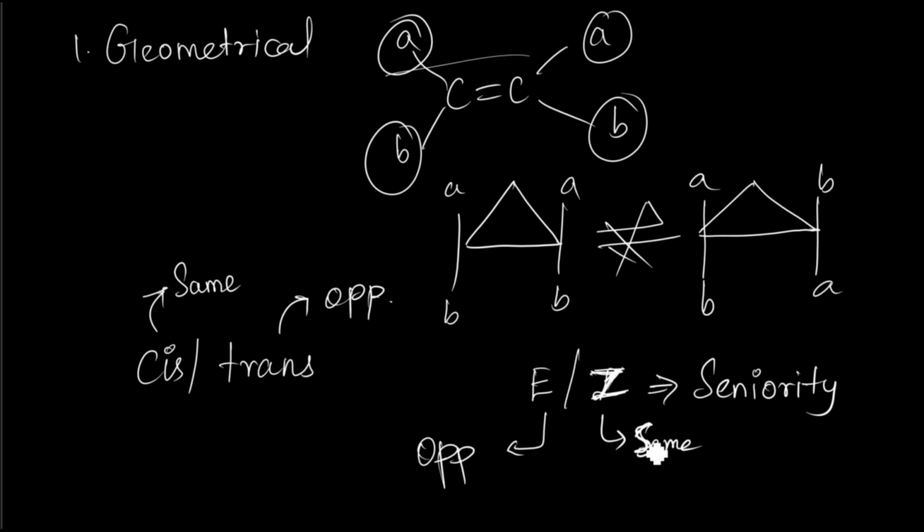So that rule you can follow, and the CIP rule is for R and S notation. Correct? So you have to follow certain rules. The first thing is higher atomic weight. Then the second rule is higher mass of isotope.